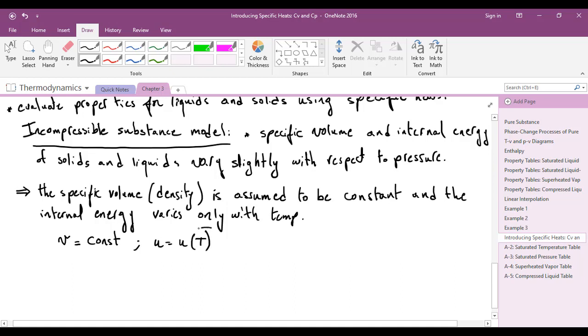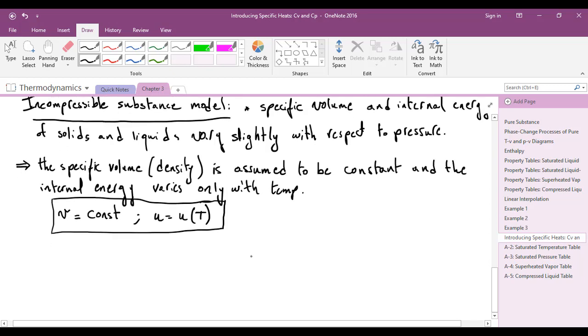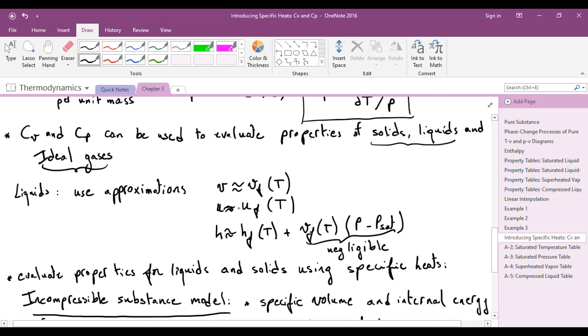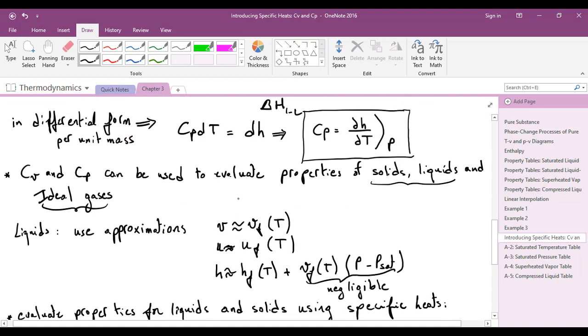For liquids and solids, based on observations, assuming the specific volume or the density is constant and the internal energy depends on the temperature only is a valid assumption.